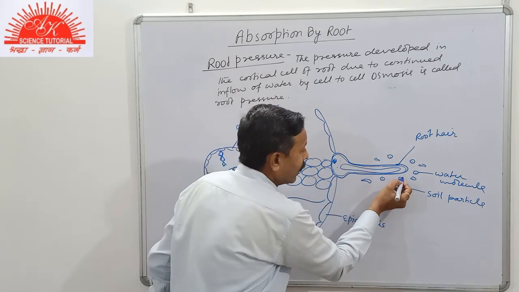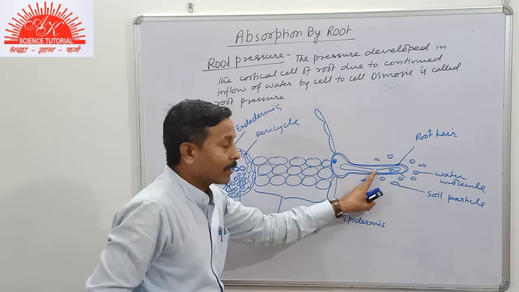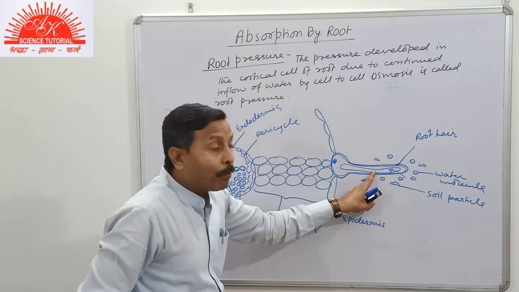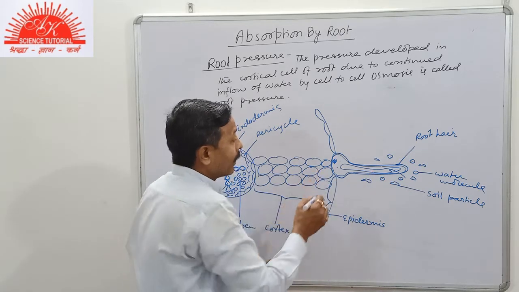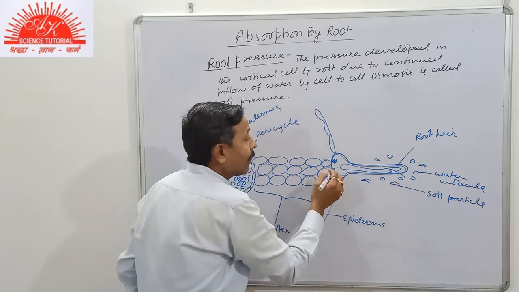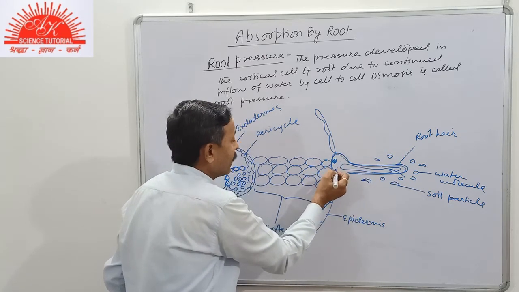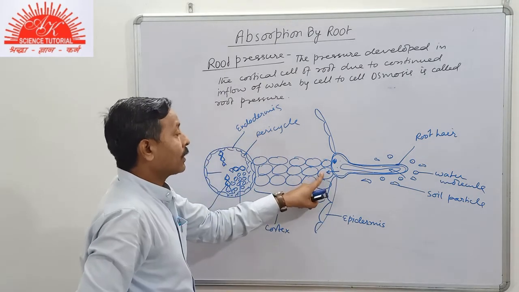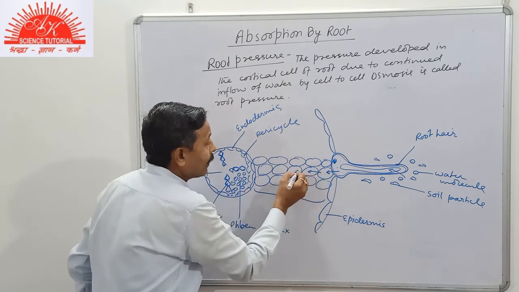Again you see, student, due to osmosis, water enters the root hair cell and its cell sap becomes hypotonic with respect to the next cortical cell. Or we can say, when the root hair cell becomes turgid, then due to the difference in concentration, it develops pressure on the other cell. Now that cell becomes turgid, it develops another pressure.